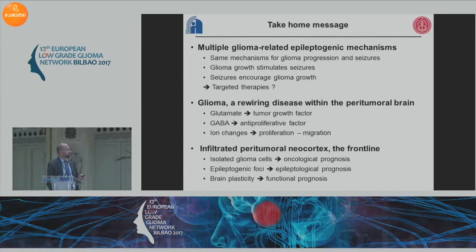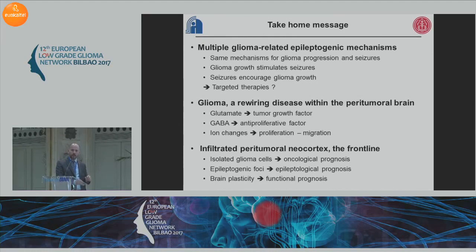So, the take-home message: we know from clinical practice that glioma evolution and epileptic evolution are linked together. To understand this quite simply, you can envision the glioma as a rewiring disease. It uses glutamate as a growth factor. It decreases GABA because it is an anti-proliferative factor, and it induces hydroelectrolytic changes to its own advantage.